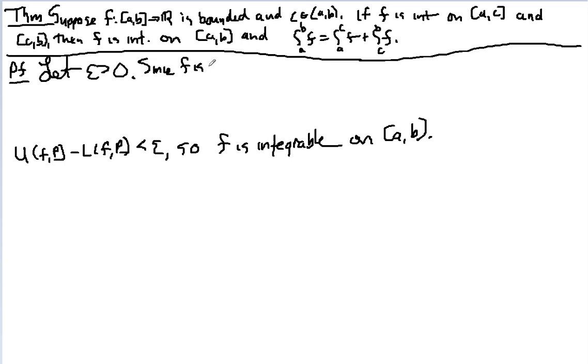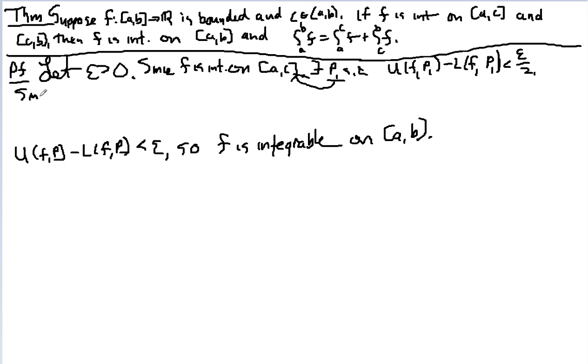But I'm going to use the fact that since f is integrable on AC, there exists a P1, by the way, P1 is a partition for AC, such that U of f of P1 minus L of f of P1 is going to be less than epsilon over 2.